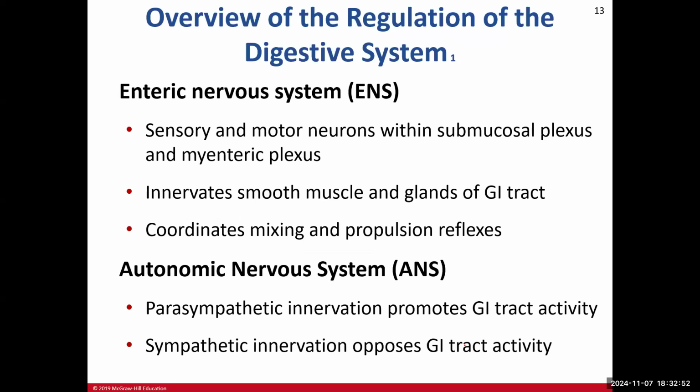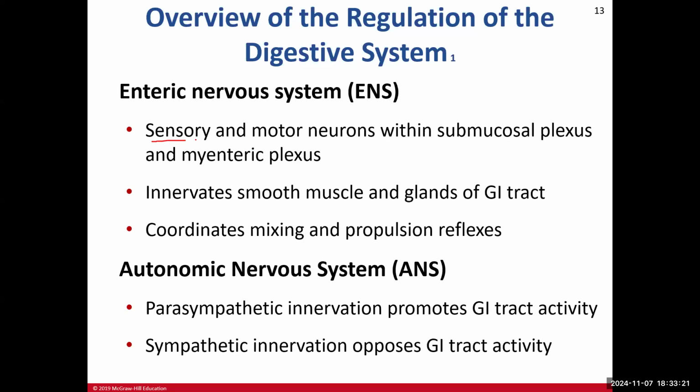Okay, so let's talk about regulation of the digestive system. You're going to have two parts of the nervous system which regulate your digestive tract. One is more of a local type of regulation, and the other is more of a systemic type of regulation. The enteric is going to be more local.